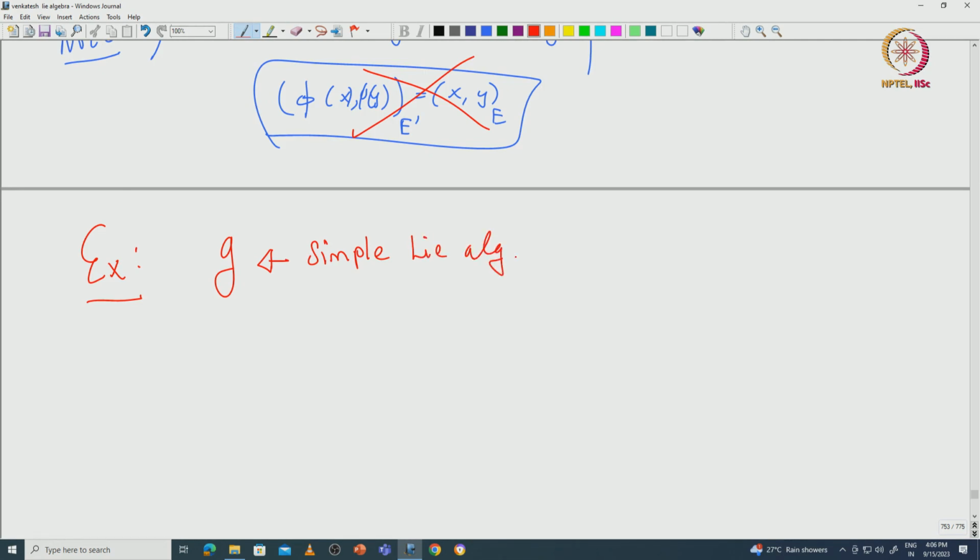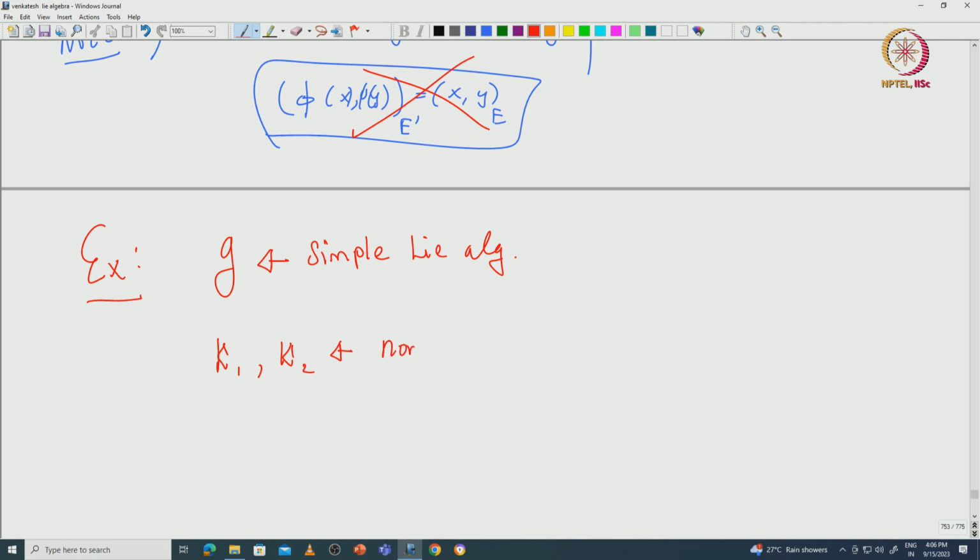Okay. So, let us say you have two bilinear forms, call them kappa 1 and kappa 2.